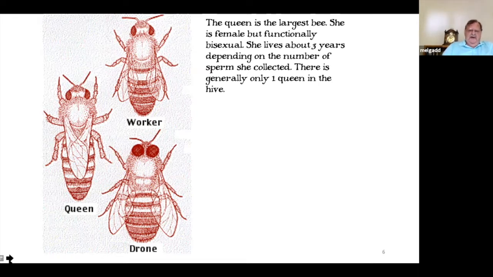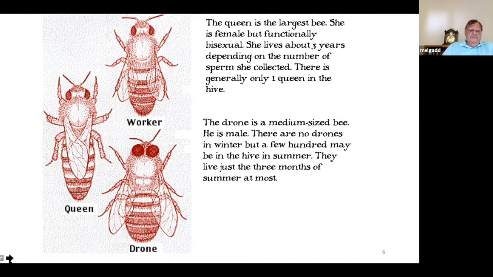The second bee in the hive is the drone, which is on the bottom right. And as you can see, it has kind of a rounded rear end. Drones do not have stingers. They are considered lazy, and they have one purpose and one purpose only.